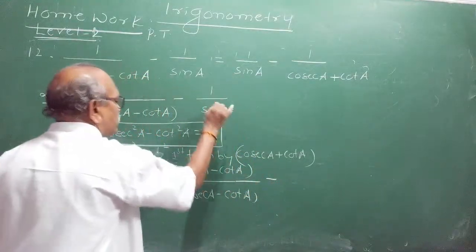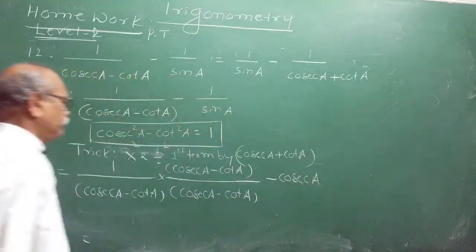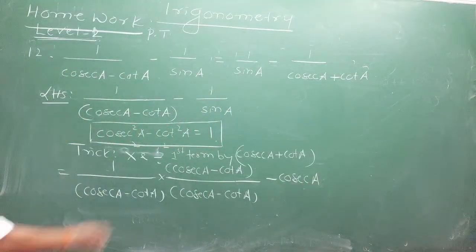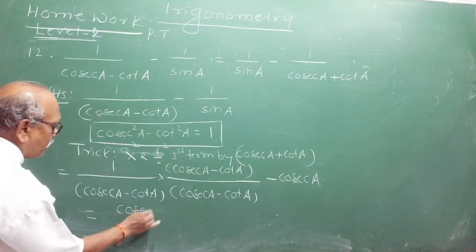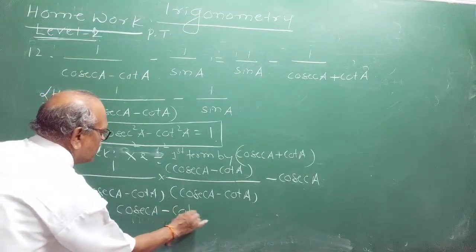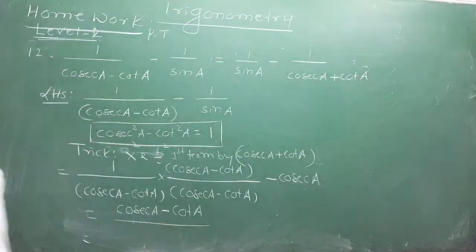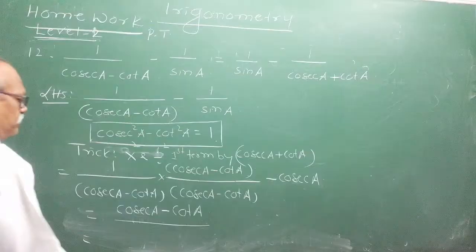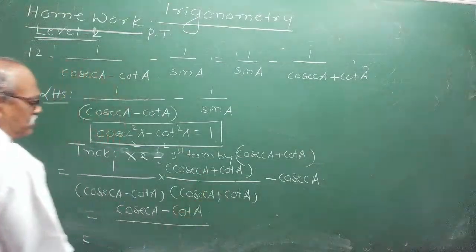Minus 1 by sin A, already it is cosec A. Look at the problem. What you get here is cosec A minus cot A. Sorry, I must multiply and divide by cosec A plus cot A. I am sorry, cosec A plus cot A.